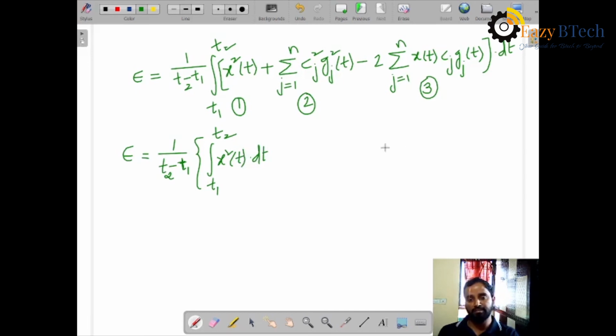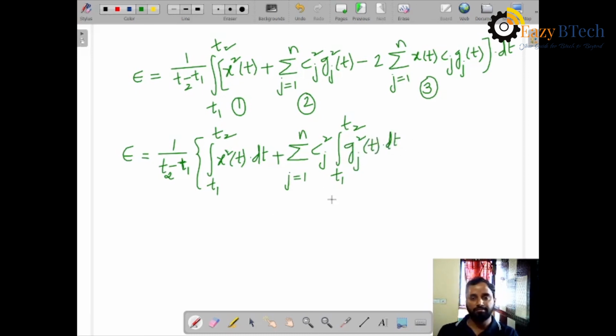We have three terms, and I am writing the integration separately. Next, the second term: plus summation j equal to 1 to n cj square, integral t1 to t2 gj square of t dt. This is the second term.